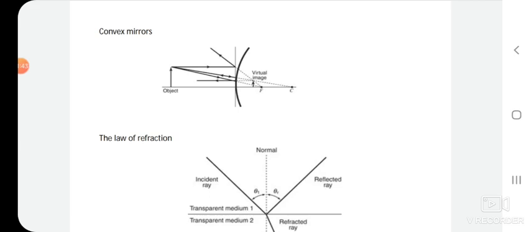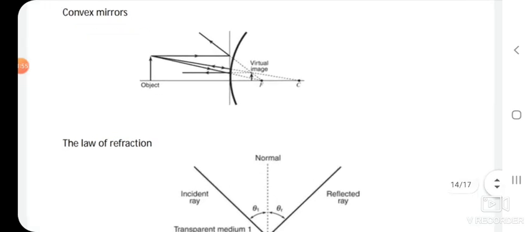In comparison to the virtual image of the concave mirror, the virtual image of the convex mirror is still upright, as we are able to see in this figure. But it is smaller instead of enlarged, and on the opposite side of the mirror.